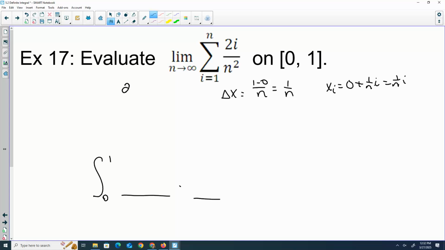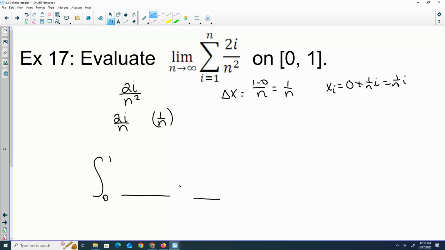So I was trying to figure out, I had 2i over n squared. I need to figure out, what do I have when I take out my x and my dx from there? My change in x is 1 over n, so I separated out a 1 over n from that. That left me 2i over n.